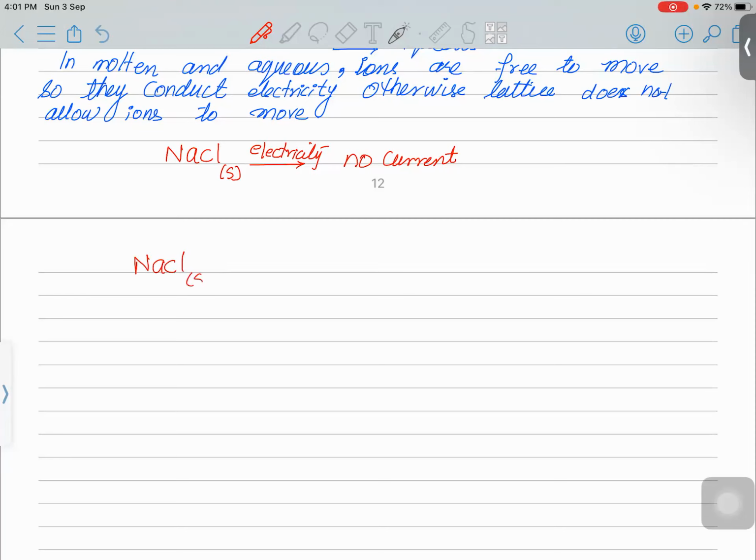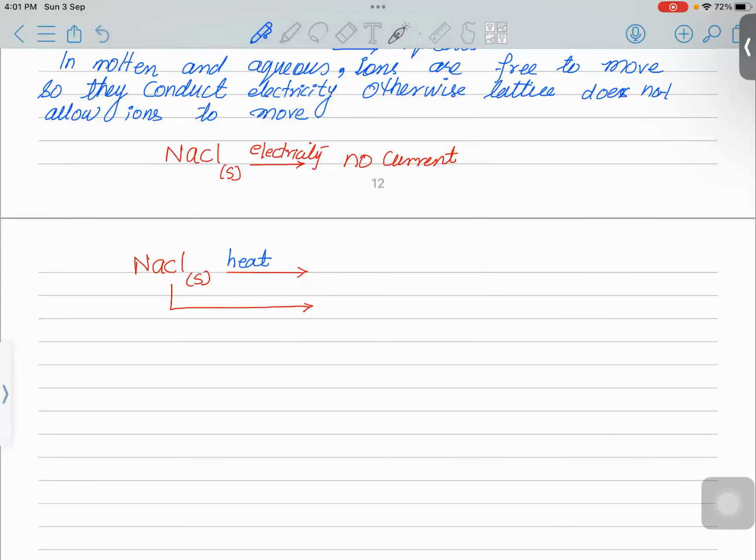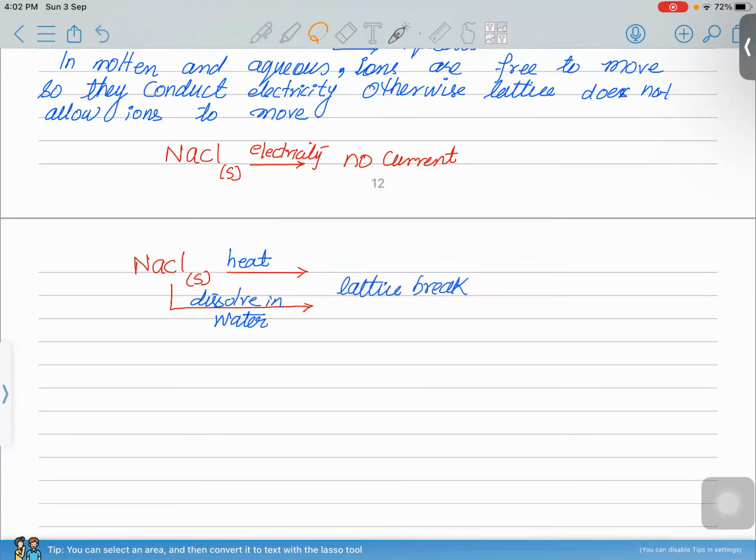Now NaCl solid. Either you heat, or dissolve in water. The lattice breaks.